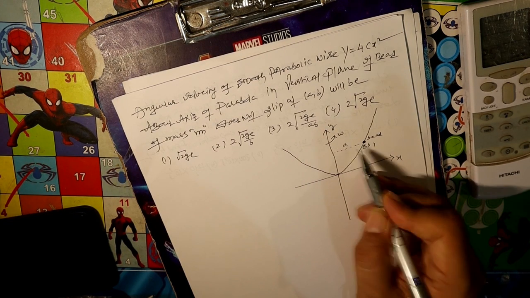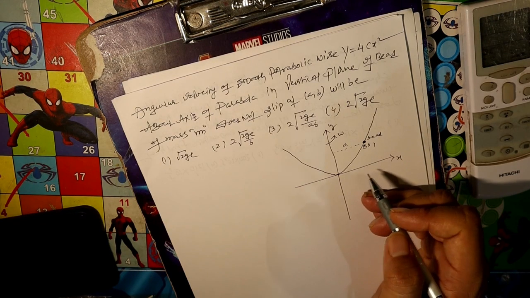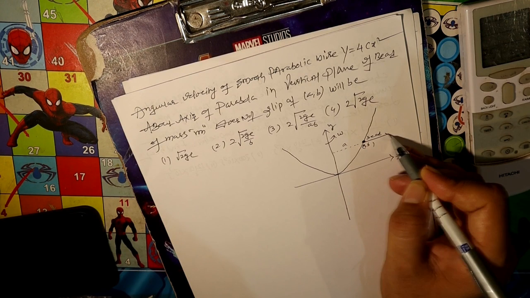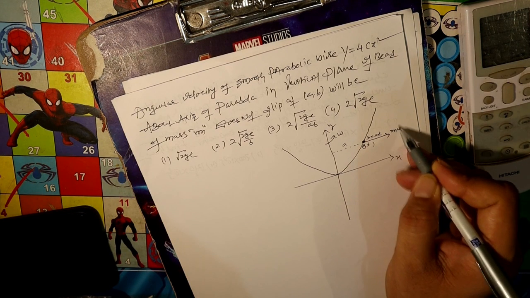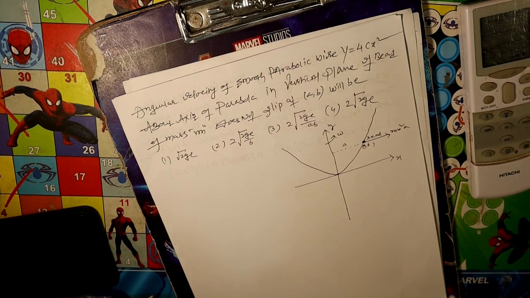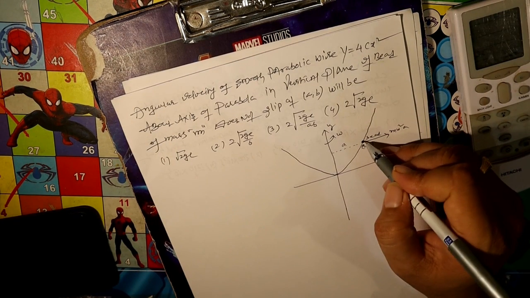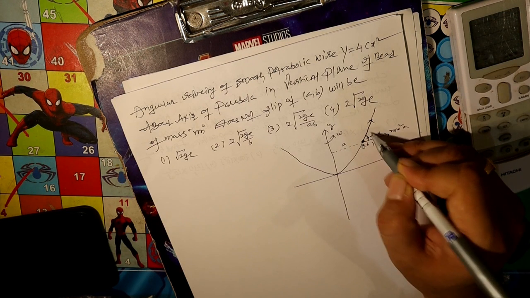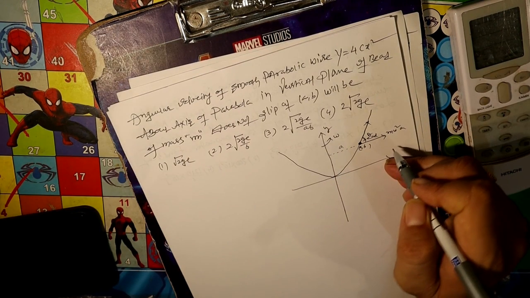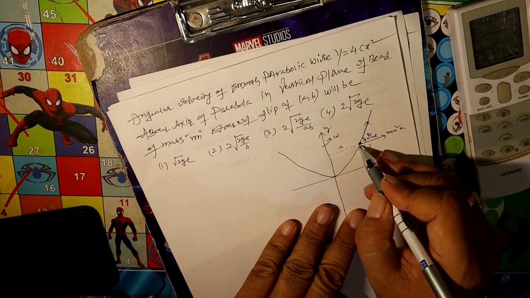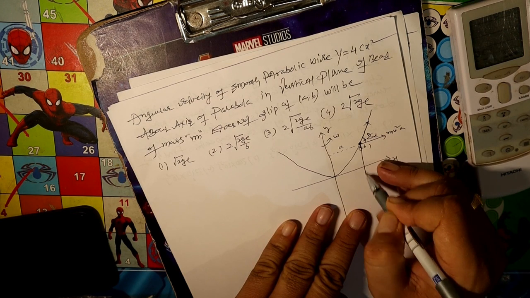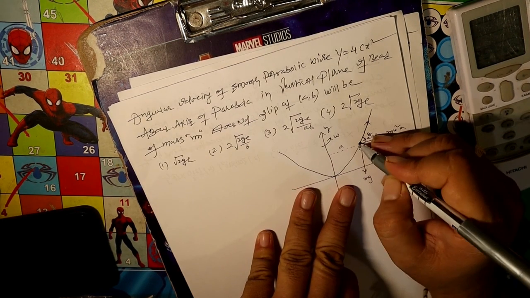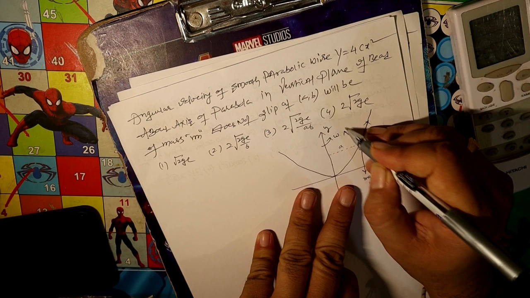From y-axis, it has a distance A. So there is a centrifugal force acting on the bead along this direction, m omega square A. Along the tangential direction, if this angle is theta, this is weight acting vertically downward, weight of the bead, and this is normal reaction.